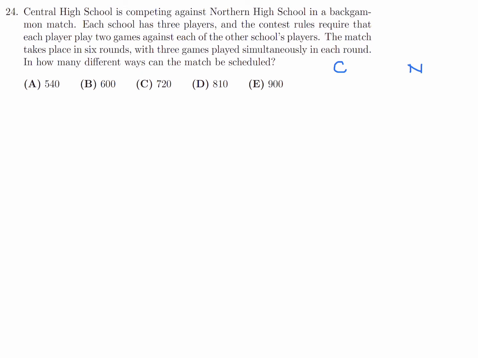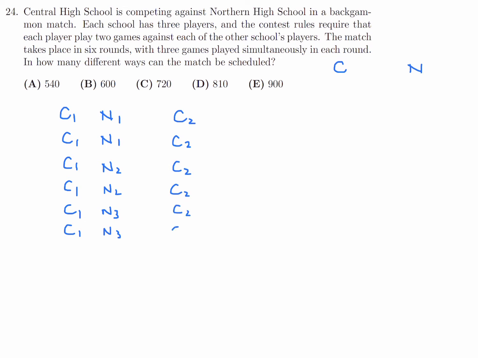So, if I make a little table, I've got C1 for the first player from Central and N1 for the first player from Northern. And then similarly, because they each have to play each other twice, I've got to make a little list here like this. So N2, N2, N3, N3, like that. And in a very similar way, I've got to do the exact same thing for C2, like this.